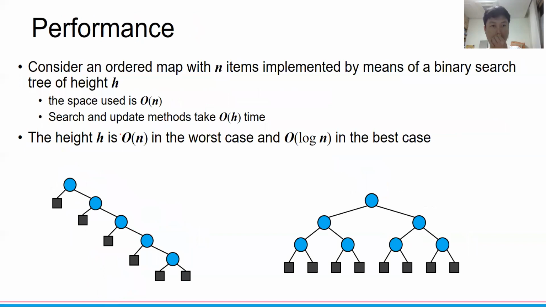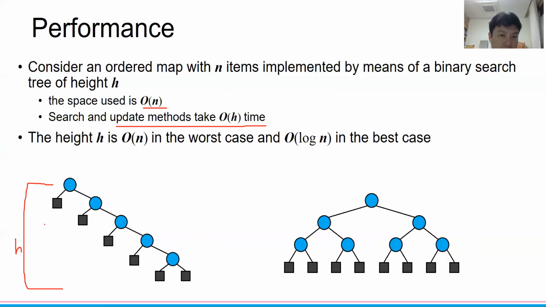What about the performance? I guess it's the same as the binary search tree that we already learned in chapter 7. When we have the ordered map with n items implemented by means of a binary search tree of height h, the space used is O(n), and the search and update methods take O(h).